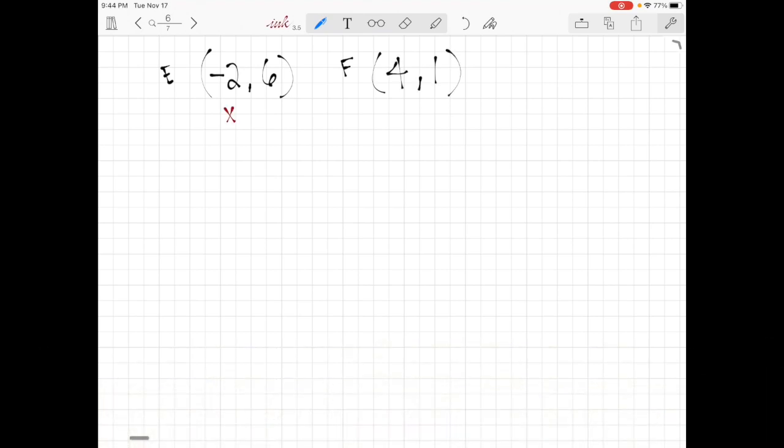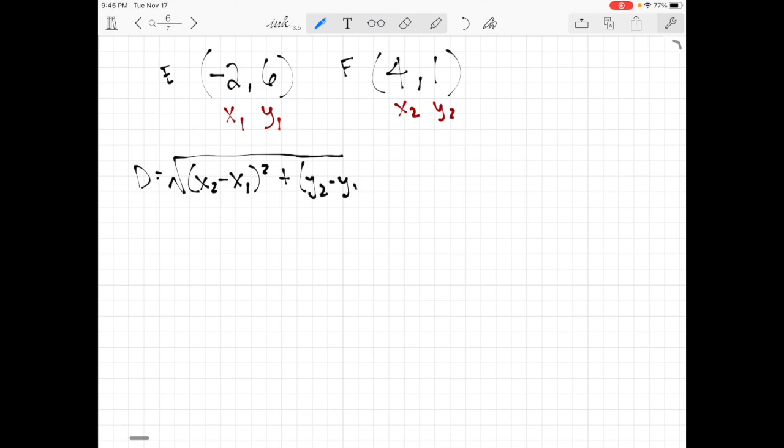And I'm going to label them X and Y, X1, Y1, X2, Y2. So we're going to go D equals the square root of X2 minus X1 squared plus Y2 minus Y1 squared.